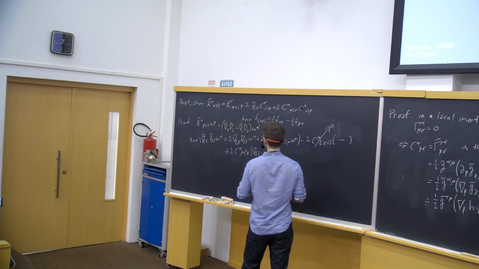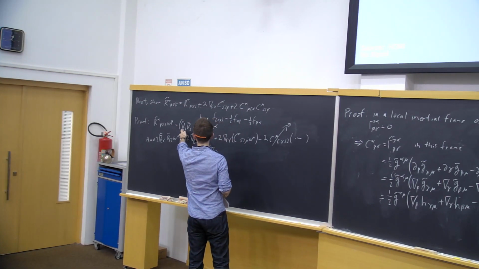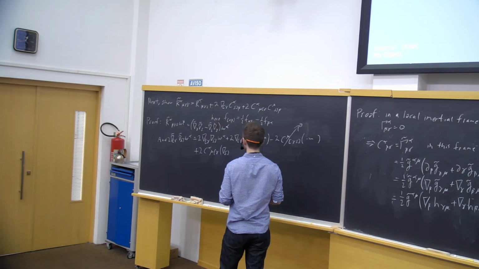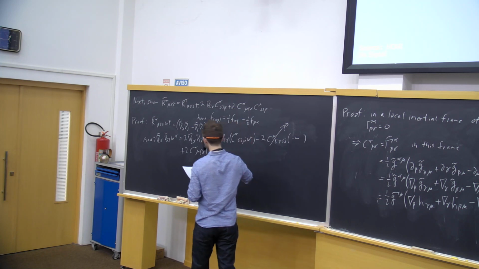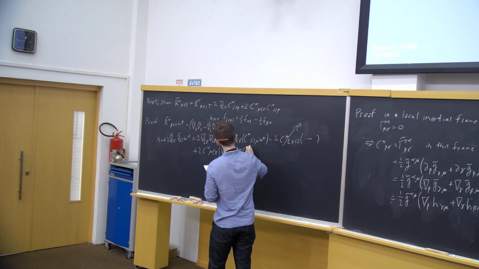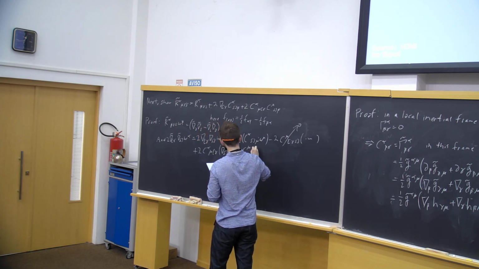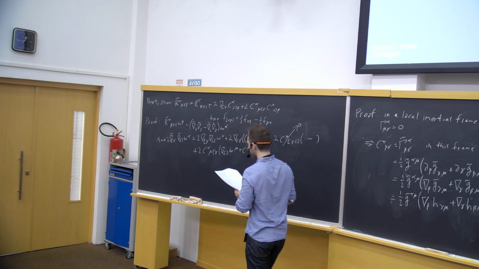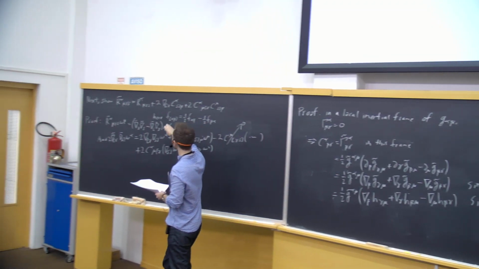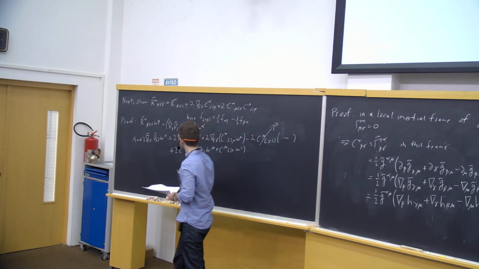So all I'm doing here is just replacing this covariant derivative with the tilde with the covariant derivative on the background, plus C, and simplifying. And from this stage, it's just a matter of simplifying this expression to get up here.